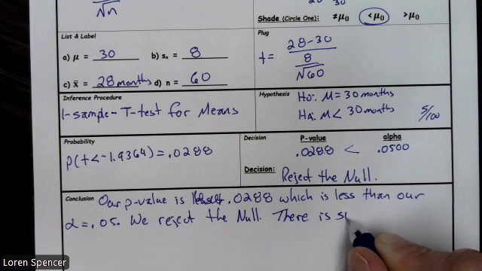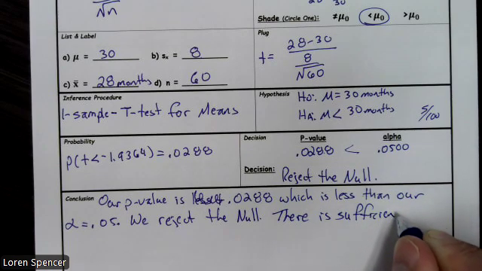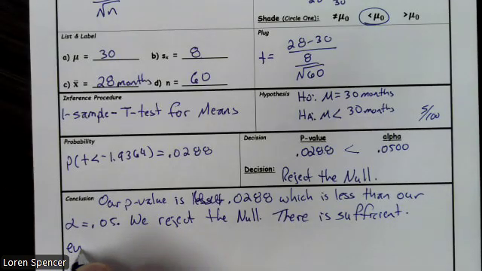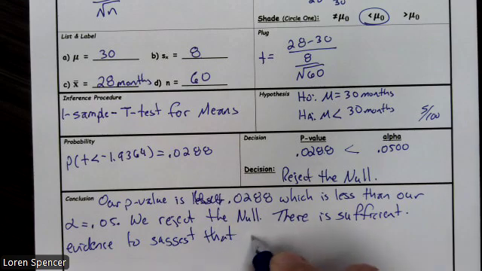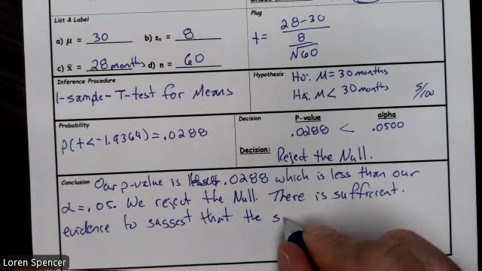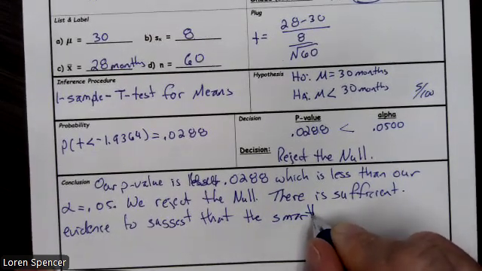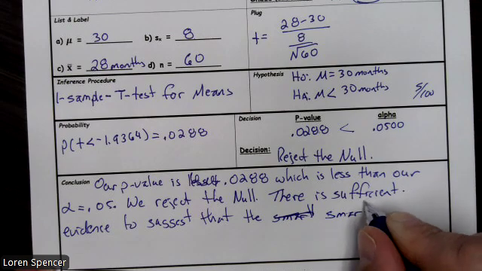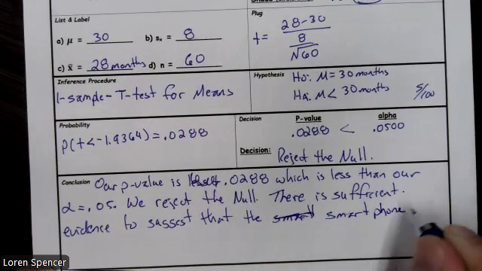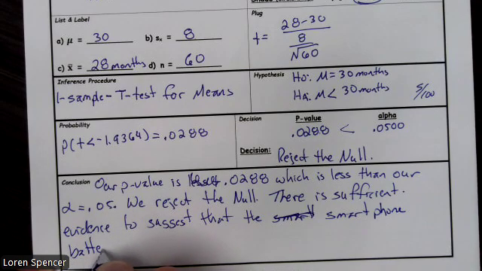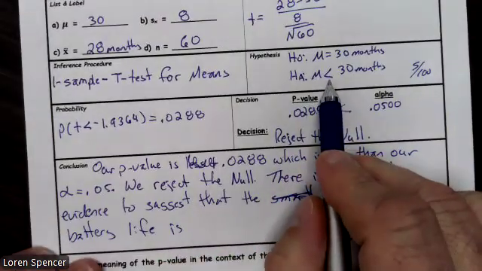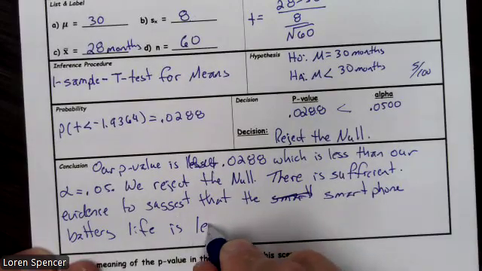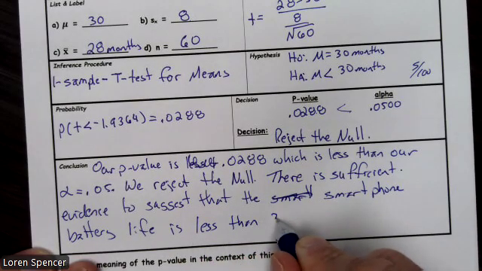There is enough evidence. I like to use the word sufficient, but there's enough evidence or sufficient evidence to suggest that the smartphone battery life is, what did we have? Less than 30 months.